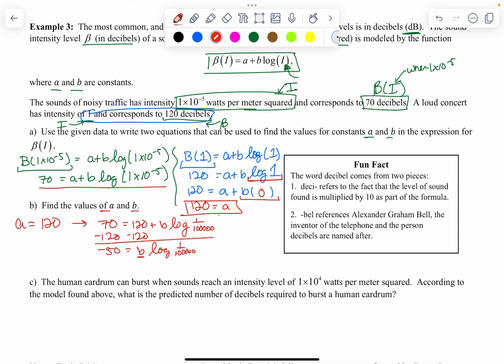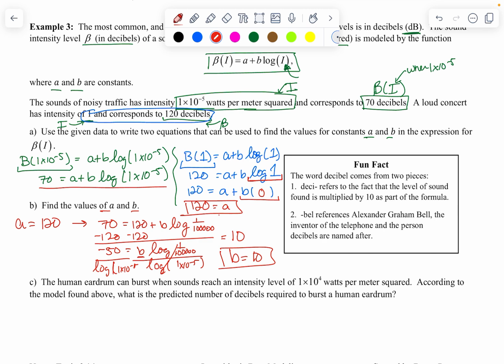Could have done this a lot easier, and I'll show you how in just a second. But negative 50 divided by log base 10 of 1 times 10 to the negative fifth gives us an answer of 10. So b is equal to 10.